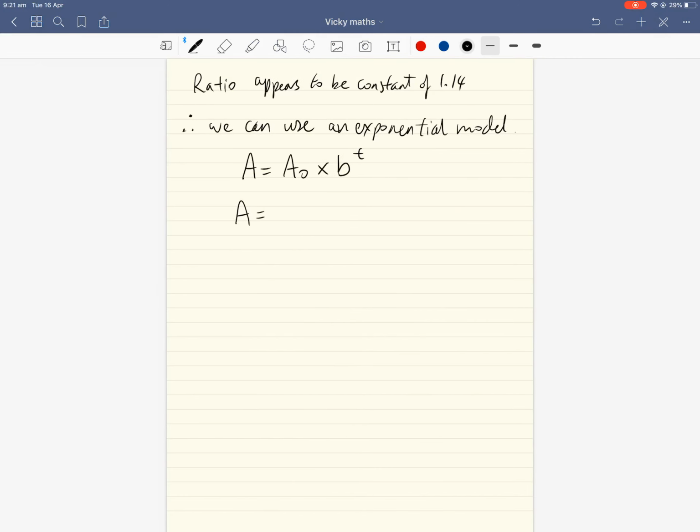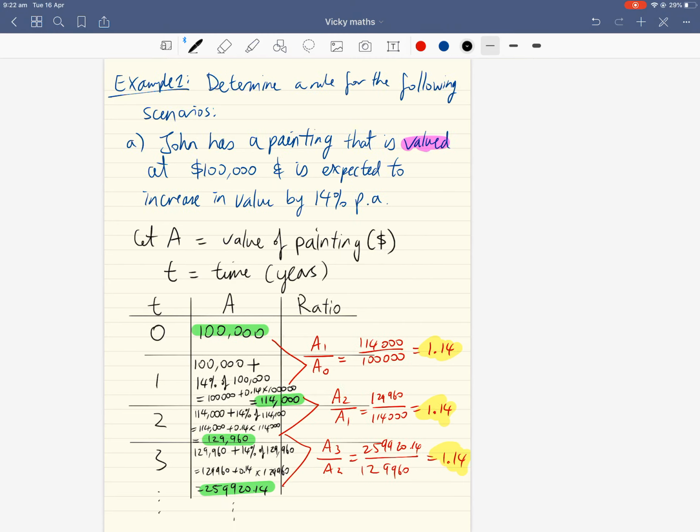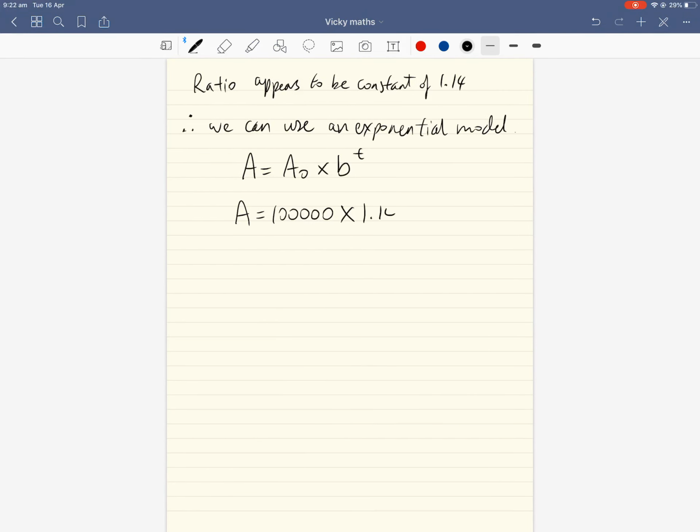So our A naught is 100,000 multiplied by the base, B. Well, what is that constant ratio that we calculated? 1.14. So B is 1.14 to the power of T, because T is our other variable, the time in years. So therefore, A equals 100,000 times 1.14 to the T. That is our model for this scenario.